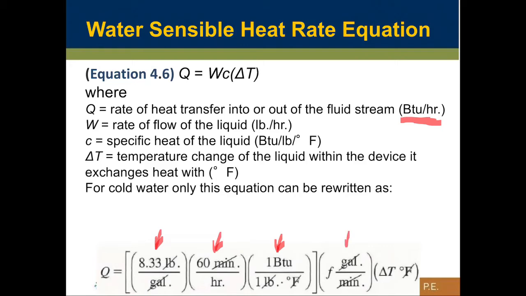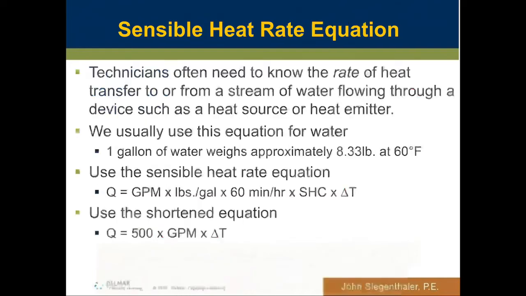And I took that quantity times the flow rate in gallons per minute, GPM, times my delta T, which is in degrees Fahrenheit. So we're going to plug those numbers in there, and it's going to give us a shortened equation of 500 times GPM times the delta T.